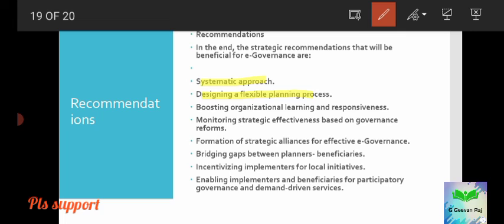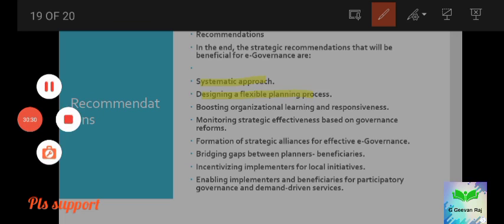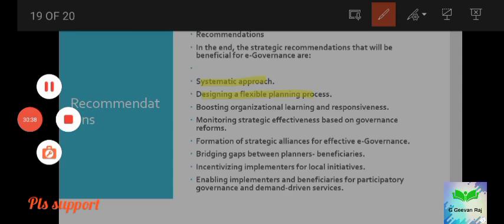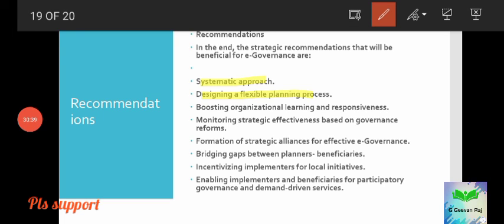So the program implementers or the planners should see things from the perspective of the beneficiaries, thereby the gap between the beneficiaries and the planners will be less, making the project more effective. In other words, the project should be more beneficial towards the citizen.